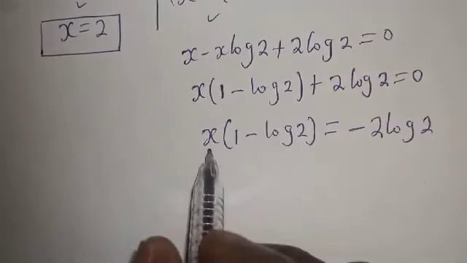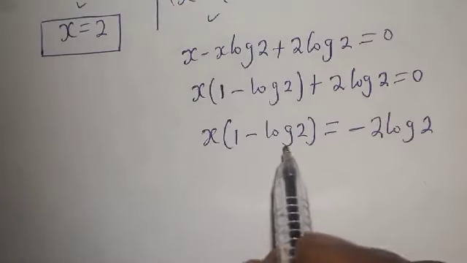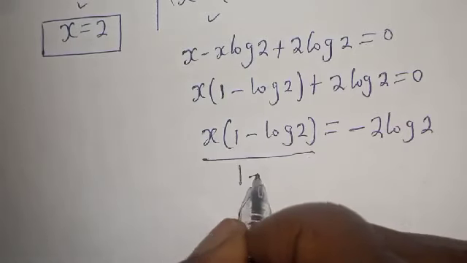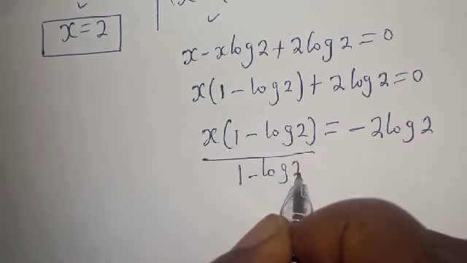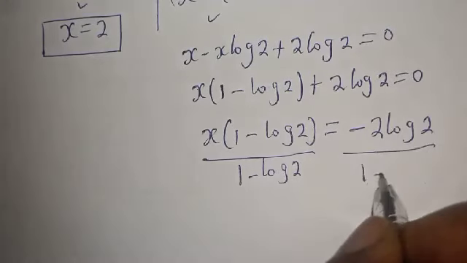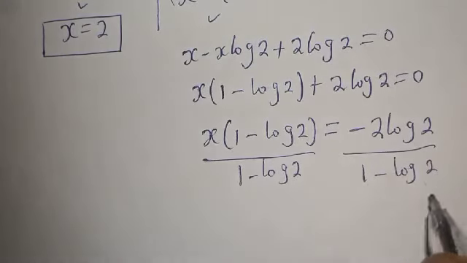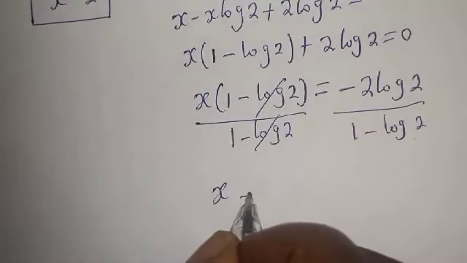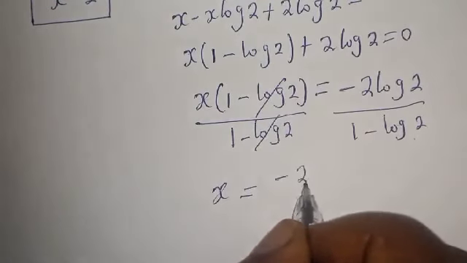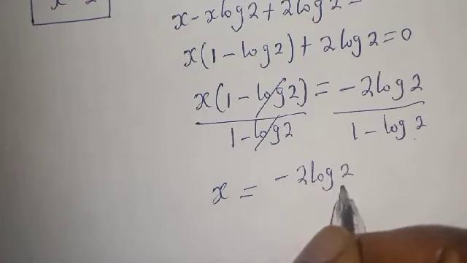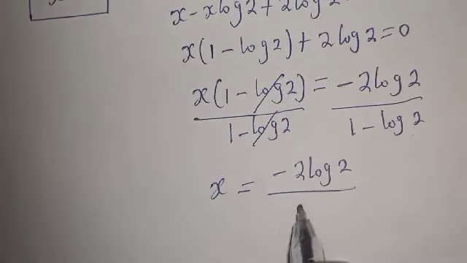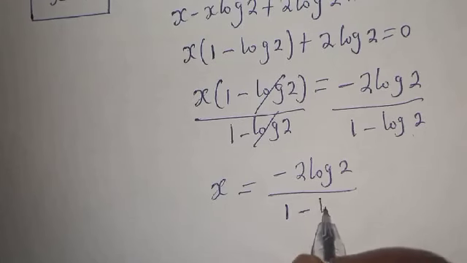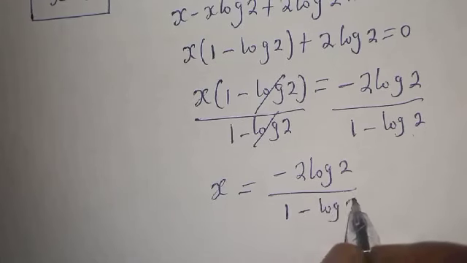But we are looking for the value of x. Let's divide both sides of this equation by 1 minus log 2. This will cancel this. x is equal to minus 2 log 2 divided by 1 minus log 2.